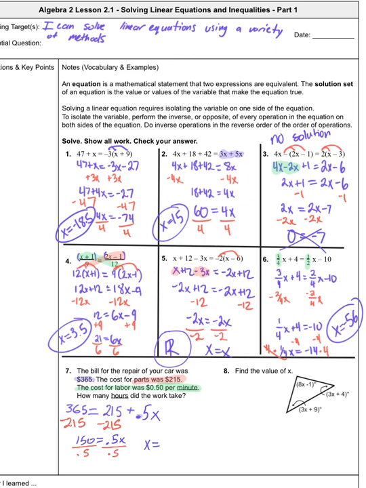So x equals 300 minutes. But the question asks us for the amount of hours. So I need to do 300 minutes divided by 60 minutes per hour gives me 5 hours.